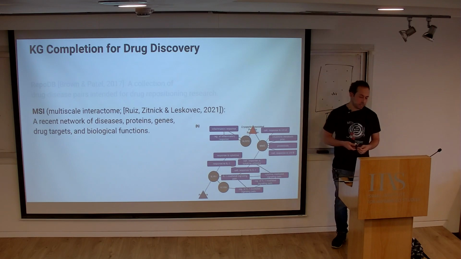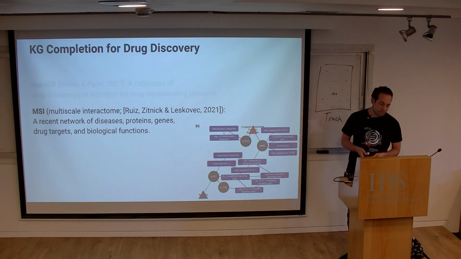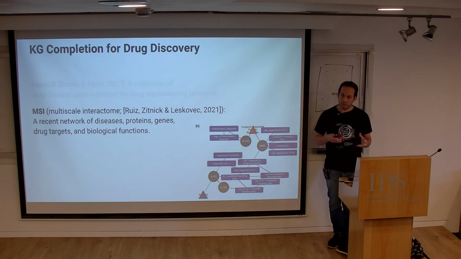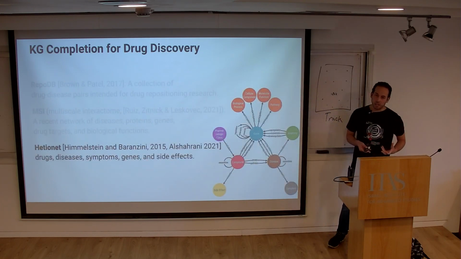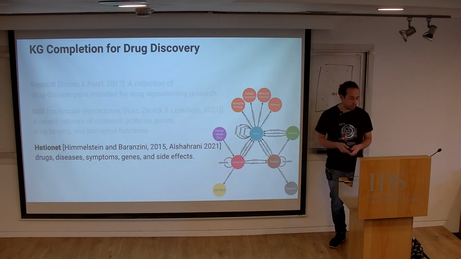Another recent data set published in Nature, multi-scale interactome, is a bit lower level. It focuses on diseases, proteins, genes, all kinds of other biological entities and functions. And then finally, there's a knowledge graph that has a bit more of a clinical bent, looking also at side effects and symptoms.